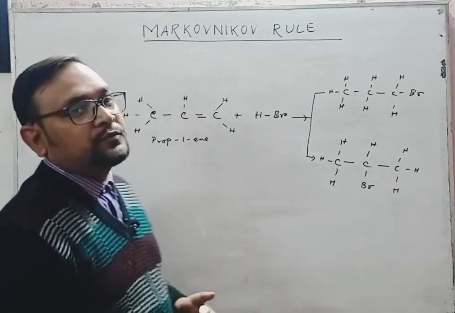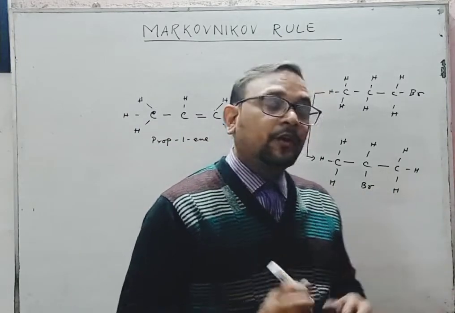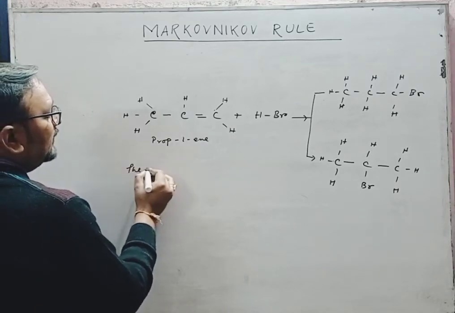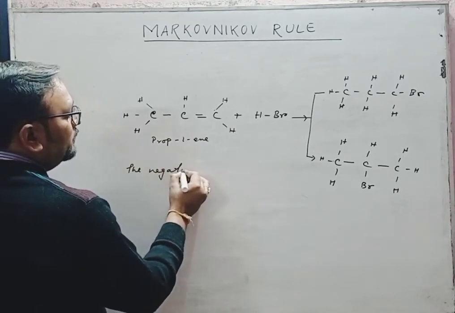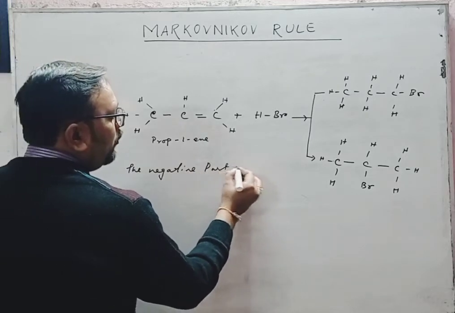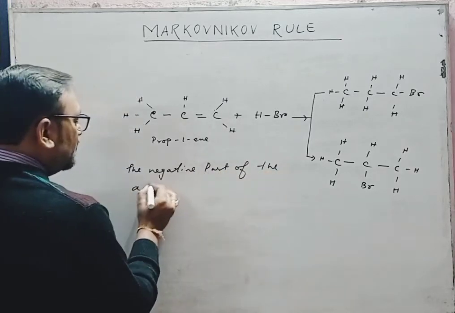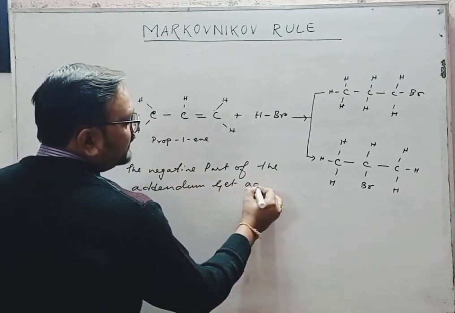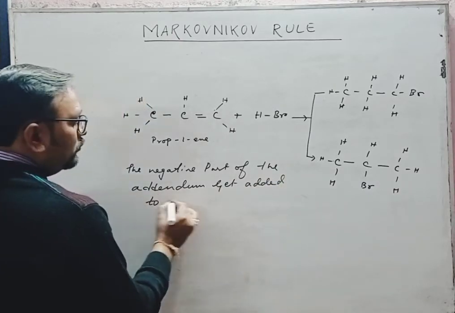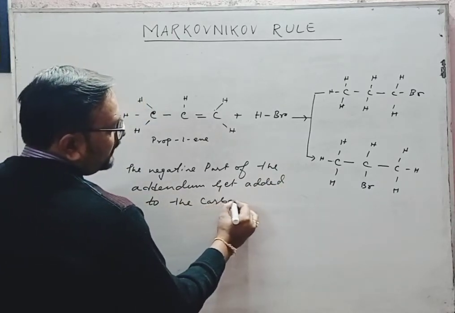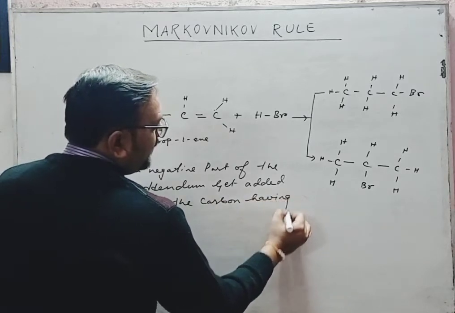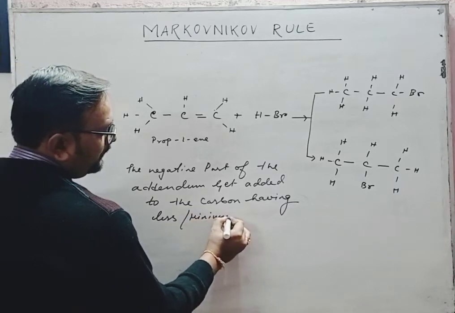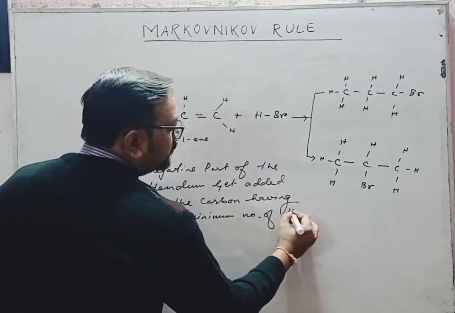Now, very important, according to Markovnikov's rule, it states that the negative part of the addendum gets added to the carbon having less or minimum number of hydrogen atoms.